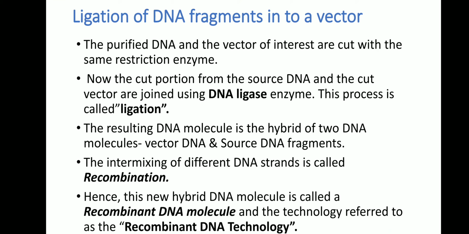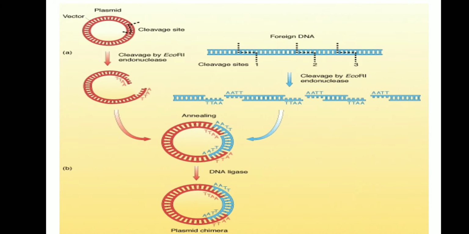And listen, that vector DNA is also fragmented and separated using restriction enzyme and gel electrophoresis. The same restriction enzyme that cuts the desired DNA also cuts the vector DNA. By the help of restriction enzyme, both vector DNA and foreign DNA are cut and cleavage occurs.